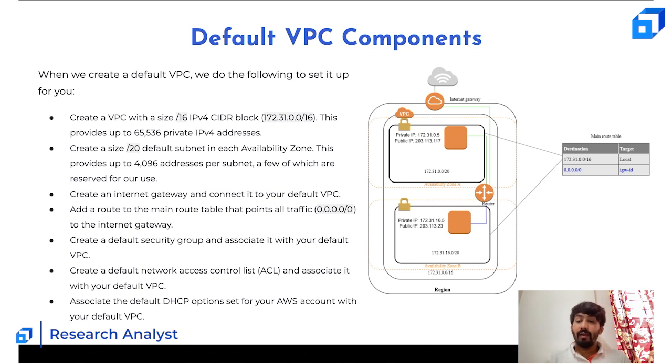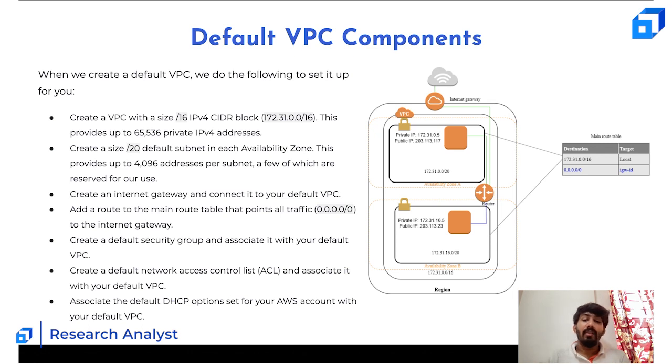And then there is create a default network access control list, ACL, and associate it with your default VPC. So a network access control list is more of a rule set, like a firewall, where you can basically control the access, whether it's coming from a different IP address or from one particular range of IP addresses. Let's say you want to take off access to this particular VPC for a range of IP addresses.